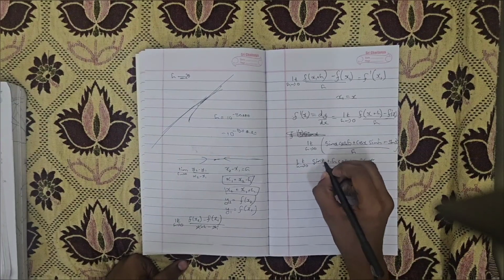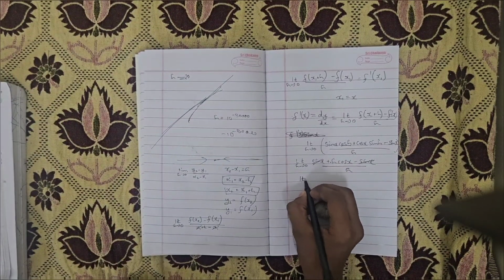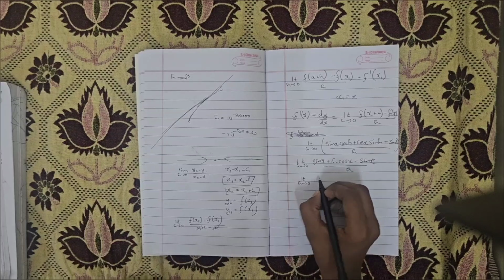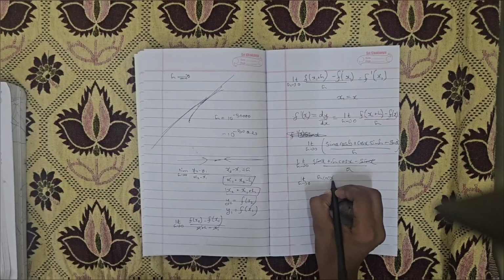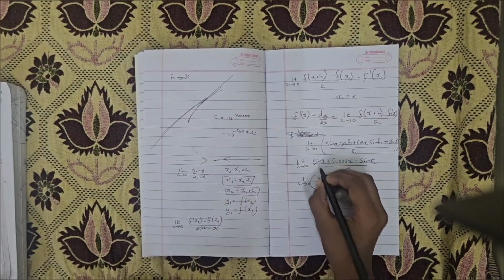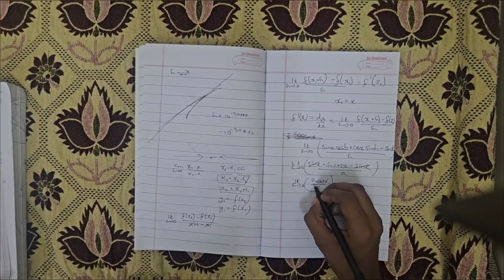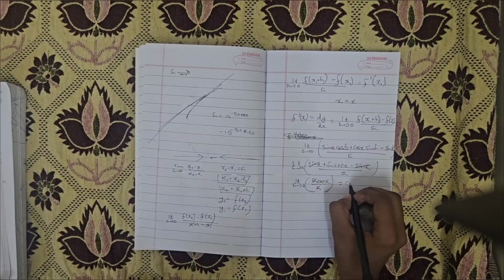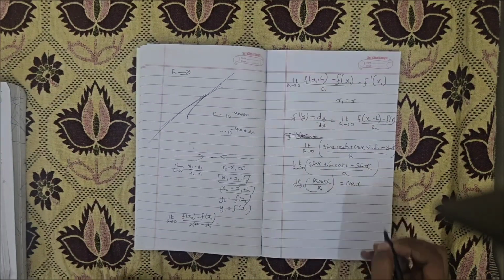Now we can cancel these both out. Now limit h approaches 0, h cos x by h, and we can cancel both h, it's nothing but cos x.